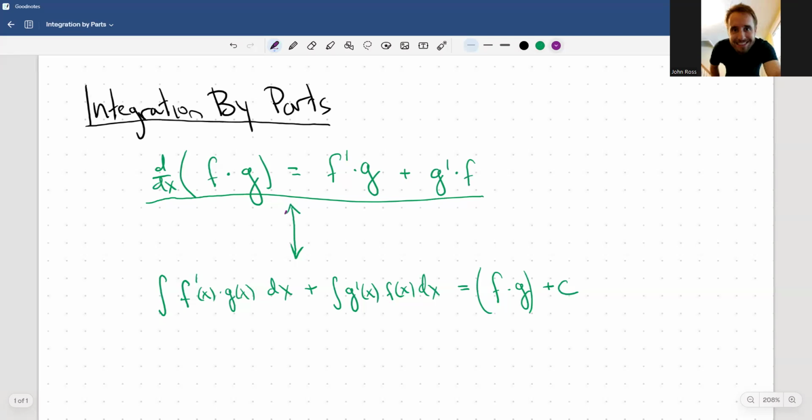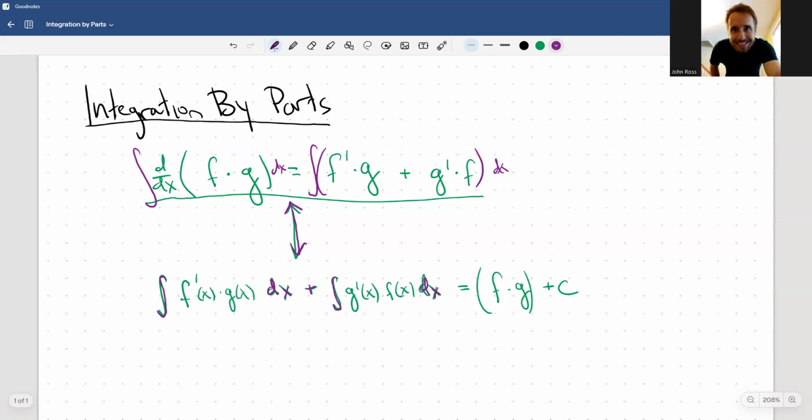And maybe just to clarify, to get from one line here to the other, I said it's the equivalent reframing, and it is. But you could also think of it as throwing a big old integral sign on both sides of this expression, right? And you'll notice that the right-hand side, the integral of f prime times g plus g prime times f, I've split into two pieces. So the integral of f prime times g, and then plus the integral of g prime times f.